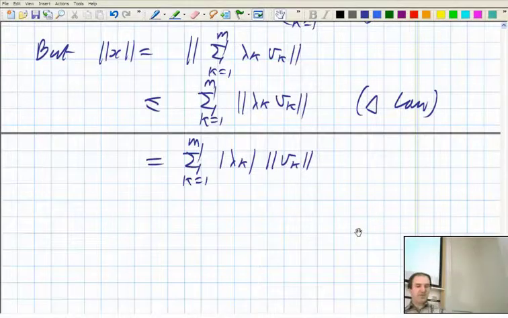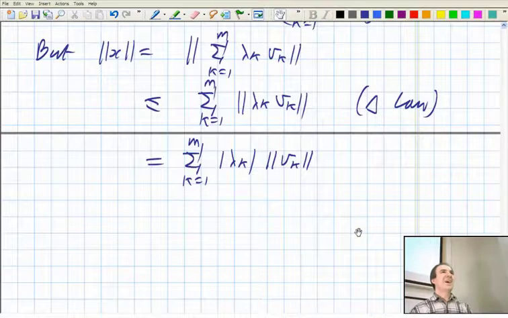Okay, you could take the supremum of the norms of the vk out, and then you'd have the sum of the moduli in here, which would be perhaps a bit bigger than the 2 norm, but no more than m times bigger, and so you could do that.